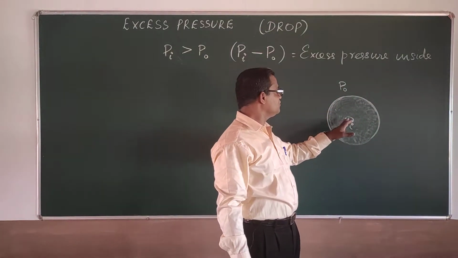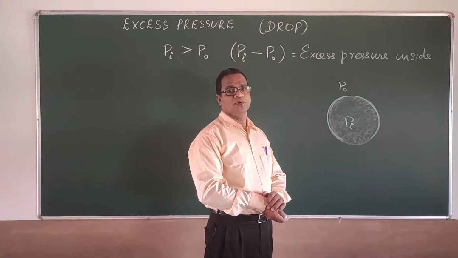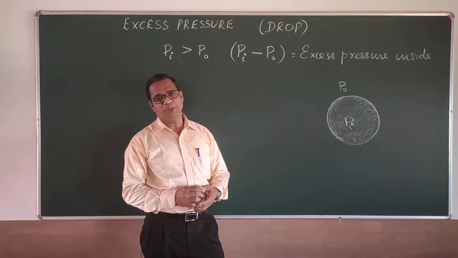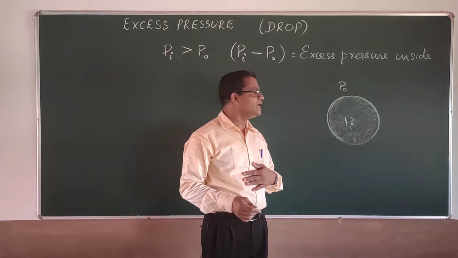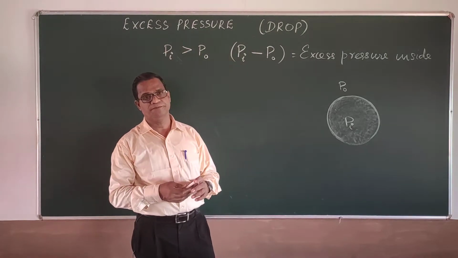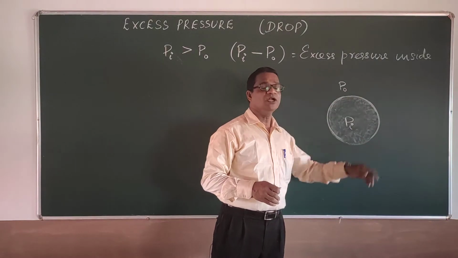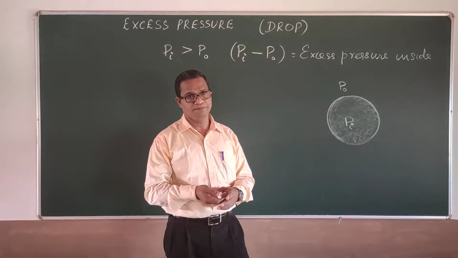So due to curving, there will be extra pressure coming inside. Now we have to derive an equation for this excess pressure, as this addition is coming due to the presence of surface tension, and surface tension is the reason for forming a drop in the form of a sphere.